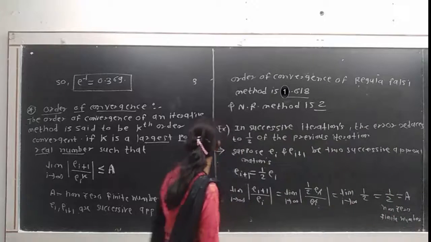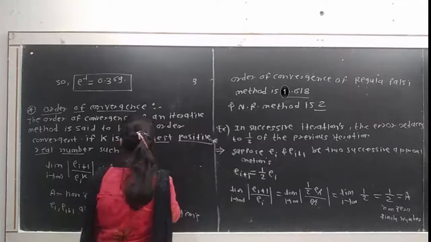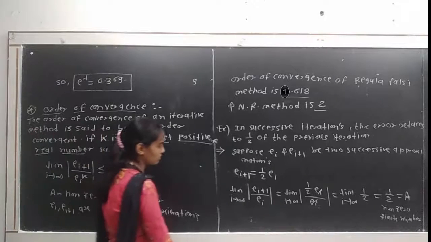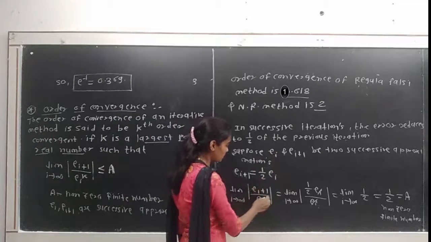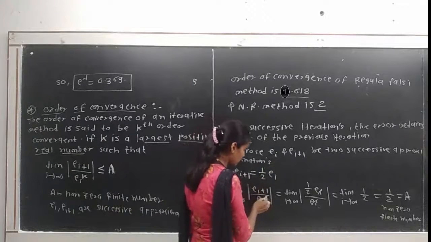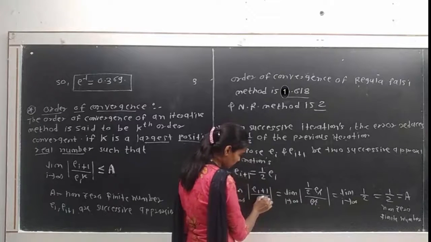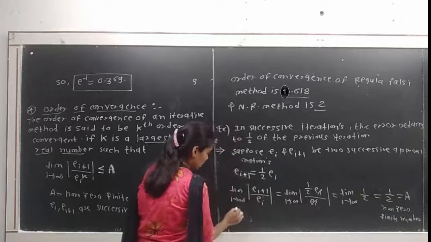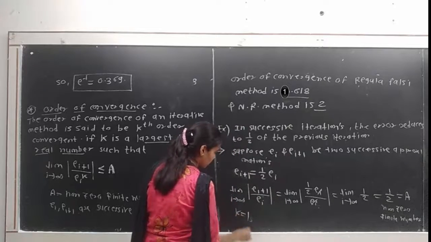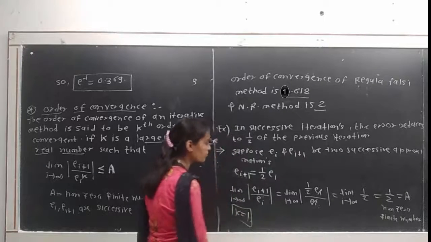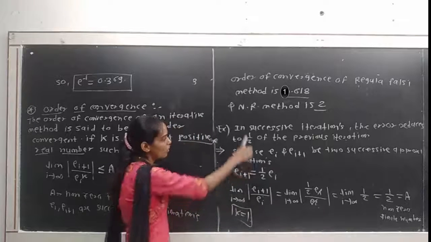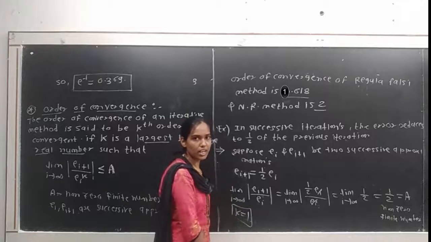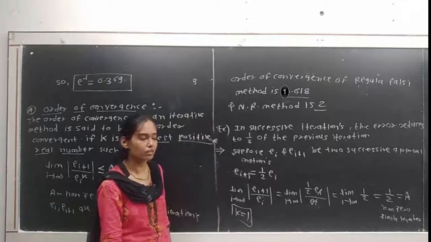By this definition, the condition holds good for k equal to 1. So the order of convergence of this iterative method is 1, or we say it is a linearly convergent method.